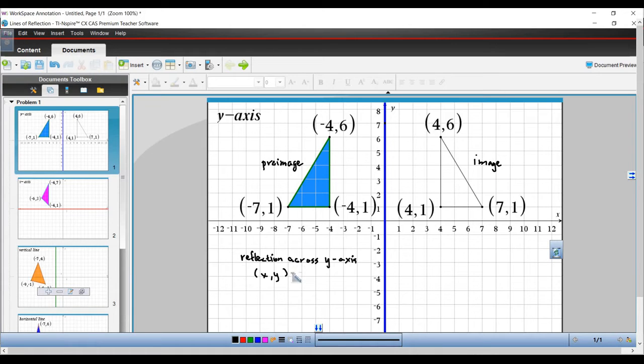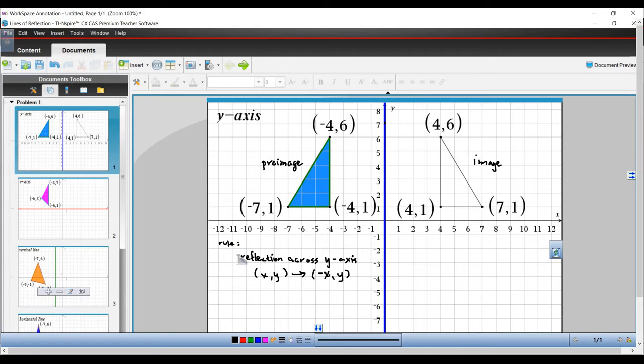Any point x, y gets reflected to, what did we say about the x's? They become the opposite: -7 to 7, -4 to 4, -4 to +4. And what about those y values? They stayed the same.